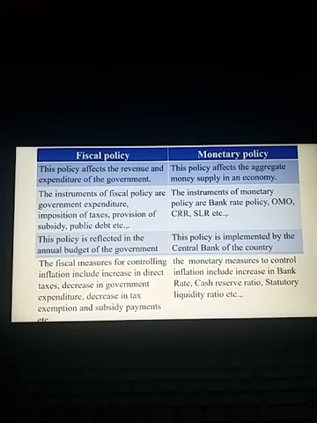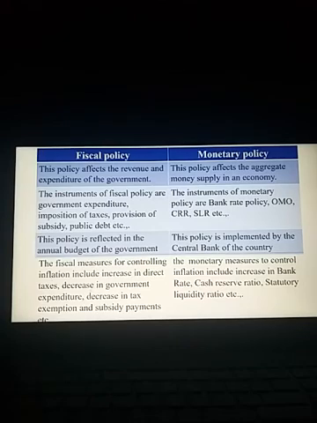Observe next. The fiscal measures for controlling inflation include an increase in direct taxes, a decrease in government expenditure, a decrease in tax exemption, and subsidy payments. If you understand inflation and how we can control it, you will know it clearly.